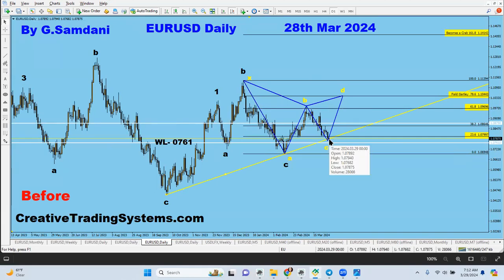So if we bounce from here, then the first target would be going for the girdle pattern at 1044, right, this area. And if we fail to fulfill the condition for the big pattern, we need to go to the upside. So it could be a failed girdle instead of the girdle playing out to the downside, and then it will go to the upside and continue.